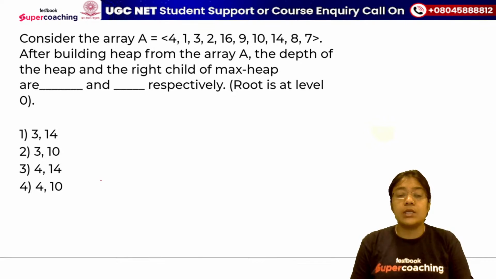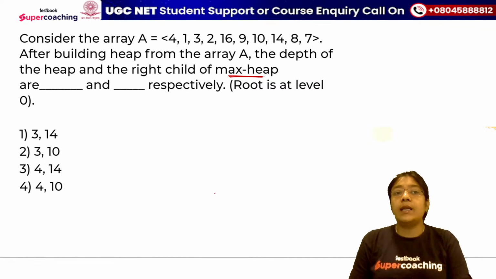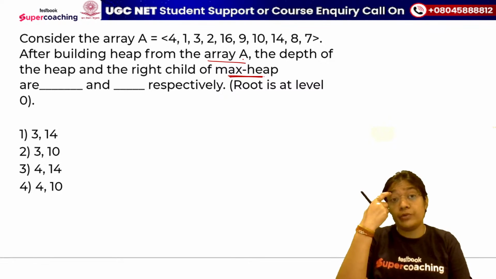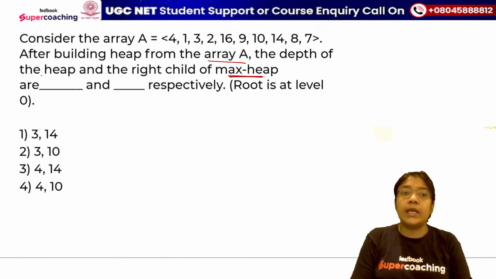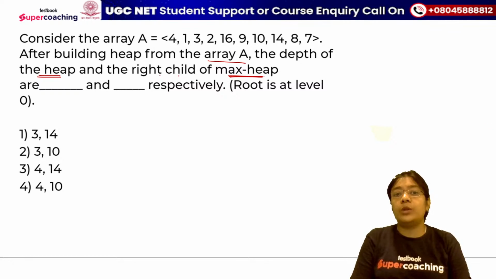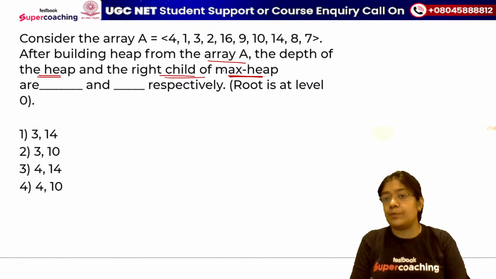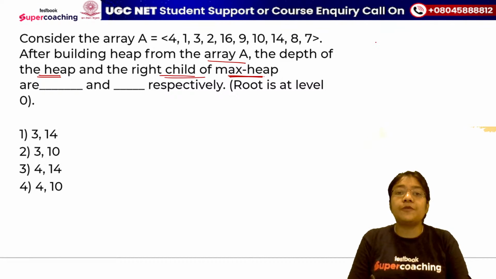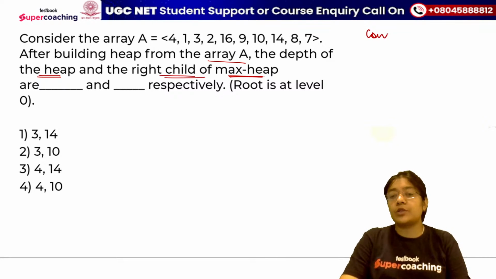Next question. This is on the basis of the max heap tree. Consider an array. After building the heap from the array, you have to tell the depth of the heap, and what will be the right child of max heap. So first of all, you need to construct the max heap. For construction of the max heap, there are two methods.